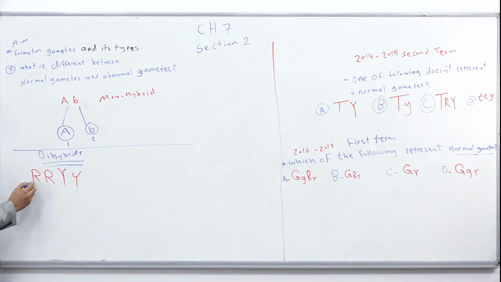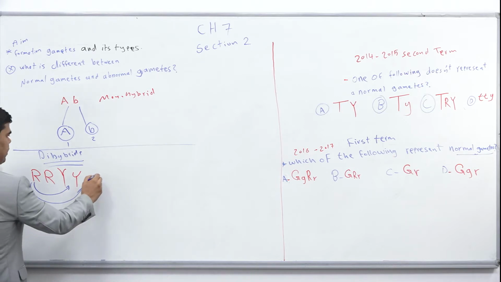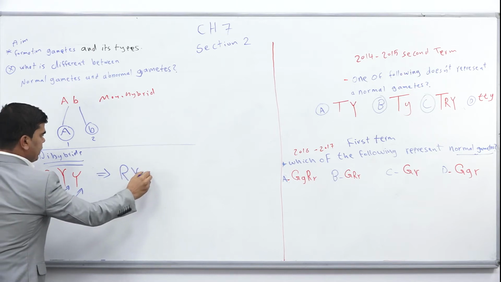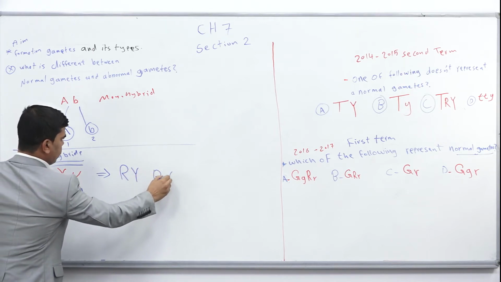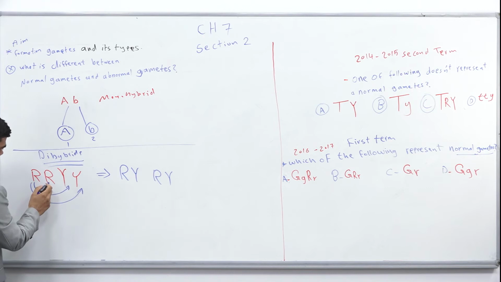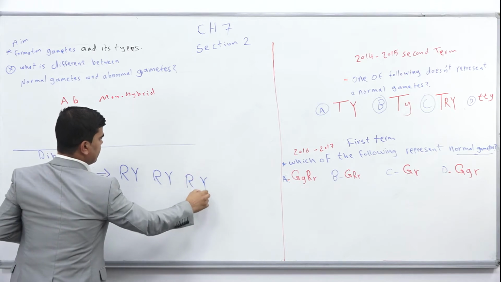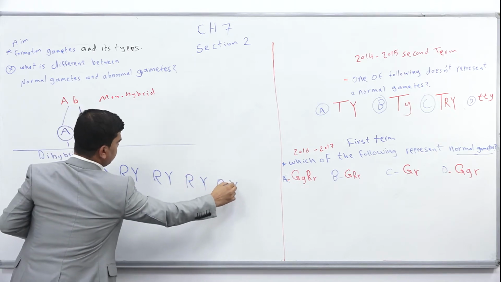The R capital goes with the Y capital, and R capital with the other Y capital, so we get R capital Y capital, R capital Y capital, and also R capital Y capital, R capital Y capital.